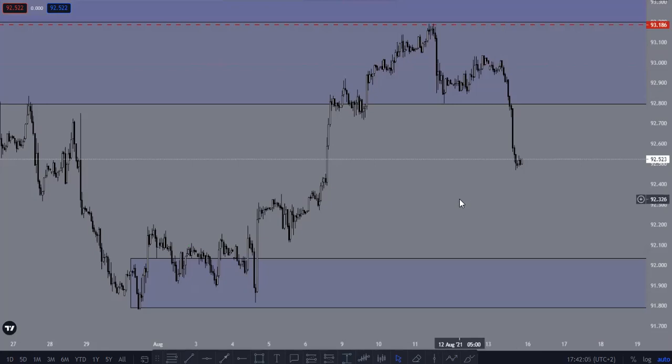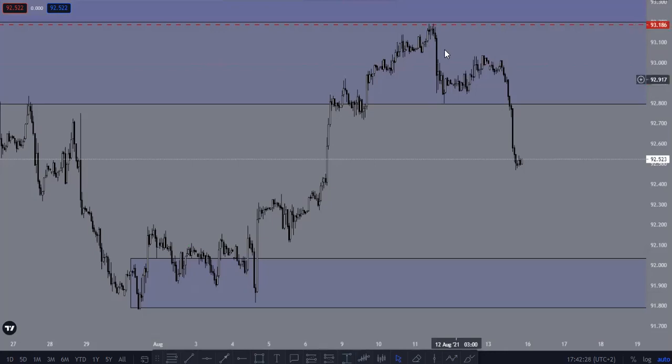Let me not jinx it. So we'd be having that. Yeah, we had a rally, base, another rally, another drop, actually another base, and another rally here.